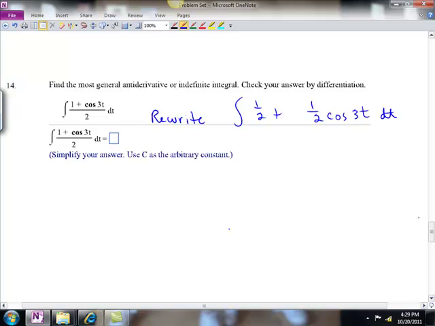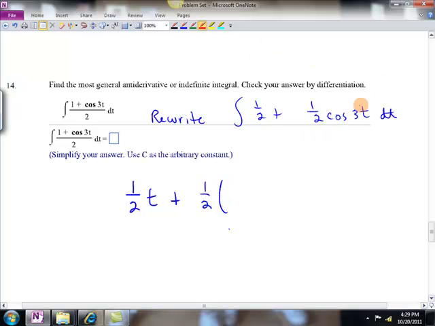Now, on this one, that looks a little crazy to do, and the easiest way to do it is to separate it into two pieces. 1/2, that's your 1 over 2, plus cosine 3t, let's make that 1/2, because there's a 1 there. Then let's take the integral of that. So 1/2 goes to 1/2 t plus 1/2 times 1 over k.